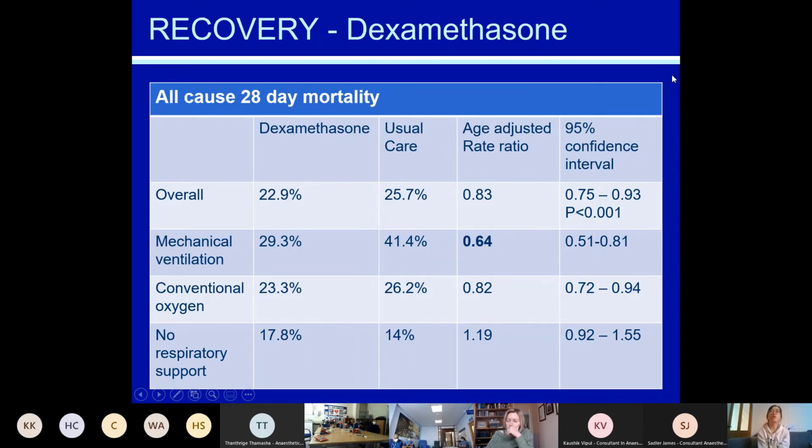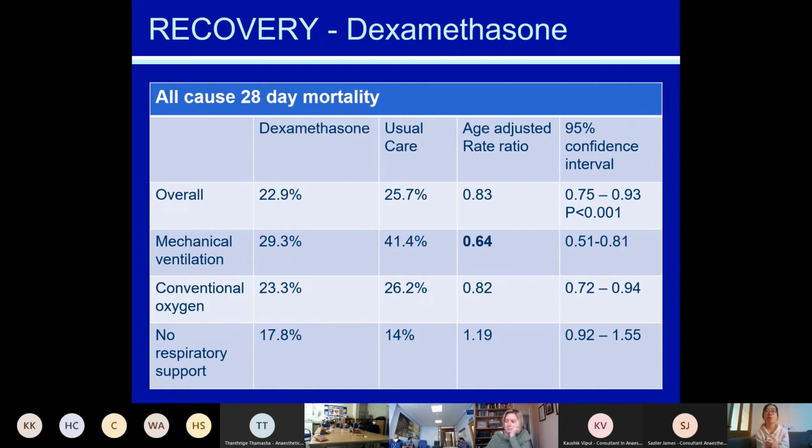So these are the results for the primary outcome, which is all-cause 28-day mortality. And it's quite a busy slide, lots of numbers, but the headline figure, which was sold at the time, is the second row of figures, which is in those receiving mechanical ventilation, the adjusted rate ratio of death at 28 days is 0.64 in the dexamethasone group.